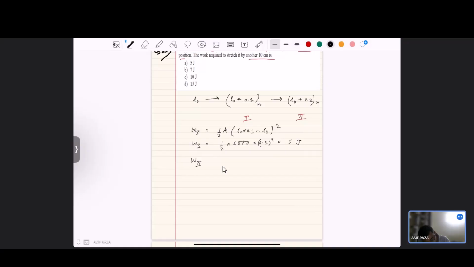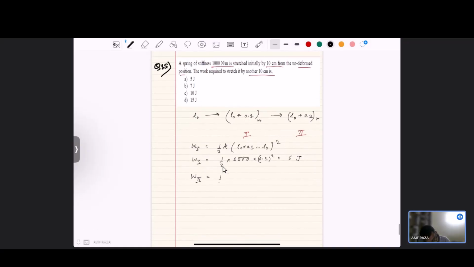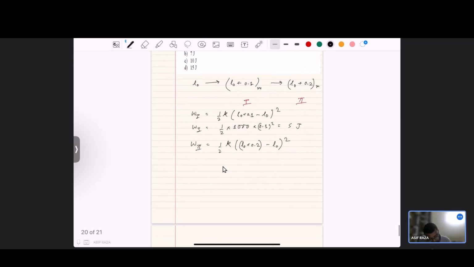Now we want to find the work from L0 to L0 plus 0.2, which would be equal to half into K, which is 1000, into 0.2 square.